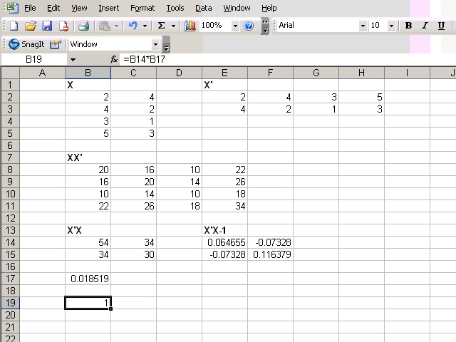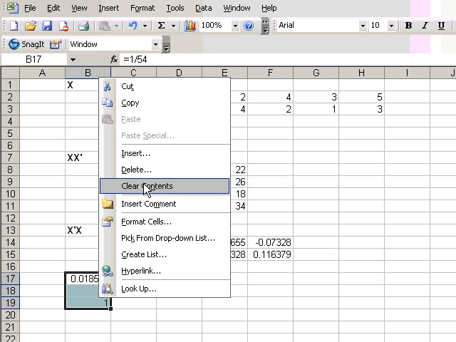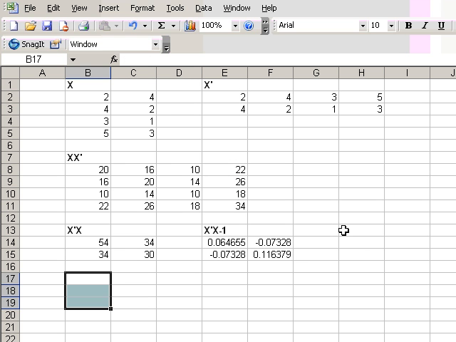That is the nature of an inverse. With matrices, the result is somewhat different, but let's put the result here. This is going to be x prime x times x prime x minus 1.